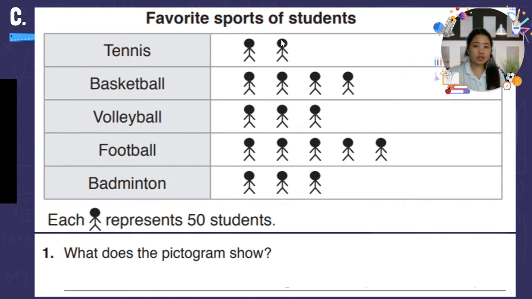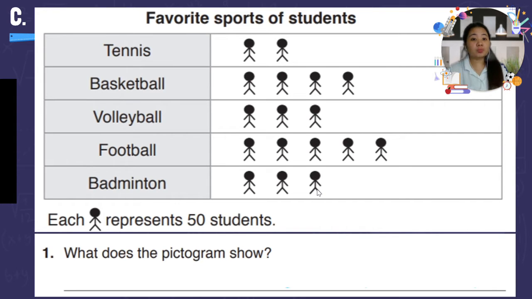In basketball, there are 1, 2, 3, 4. In volleyball, there are 1, 2, 3. In football, there are 1, 2, 3, 4, 5. In badminton, there are 1, 2, 3.